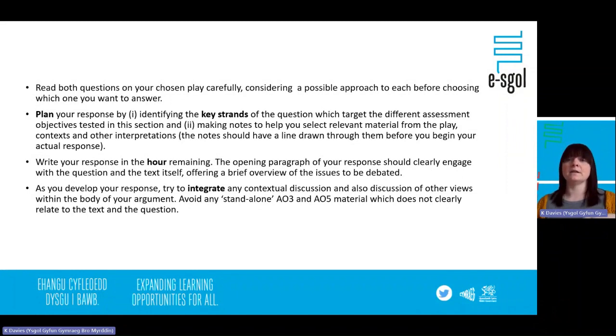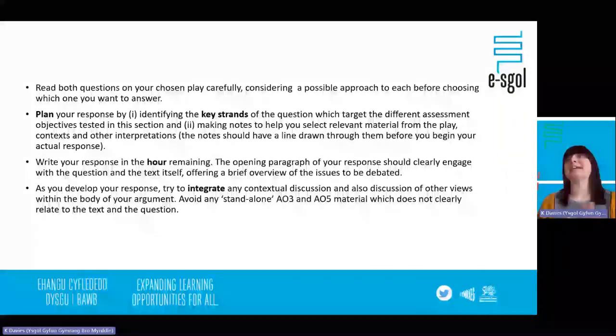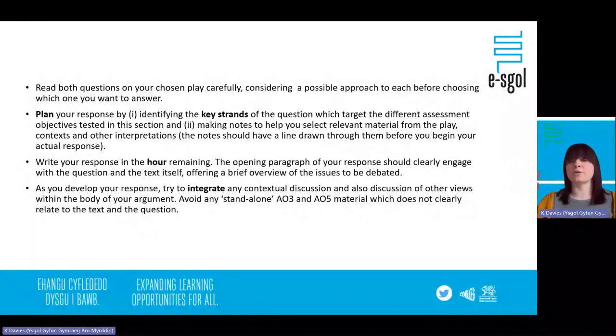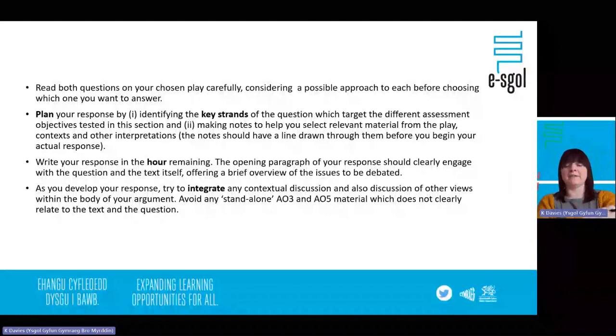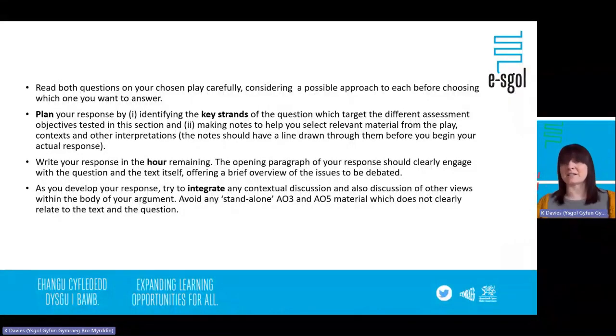Make sure that if you are planning in your examination answer booklet, you draw lines through it so we know as examiners that it's not being marked. Obviously, the question paper just stays in the centre, so you can always make your notes on that, on the back page or wherever, and it doesn't get sent off with your examination paper.